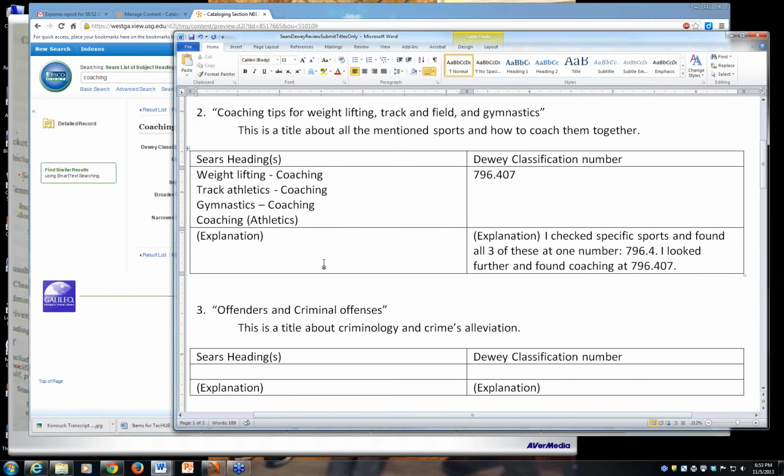Okay, then I would explain I can use all three of these as acceptable headings, and I can add coaching as a subdivision because Sears said I could.